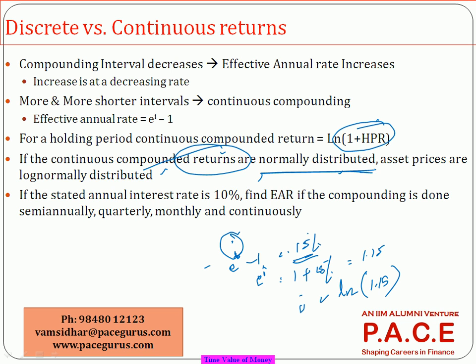You can test any company's returns, probably the last 1 year's daily returns, and test them for normal distribution. They will come out very close to normal. For some of them, they will be outrightly normal. Some of them may be very close to normal. Probably after the break, I'll download one of the company's returns and show you they will be more or less normal.